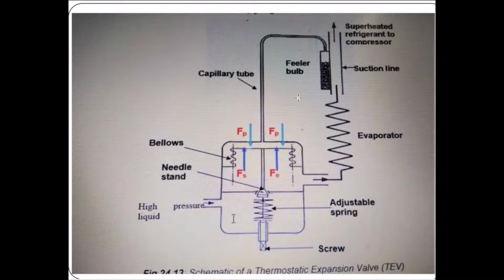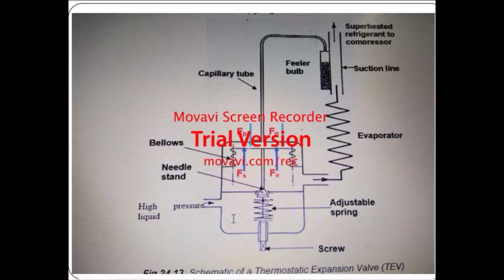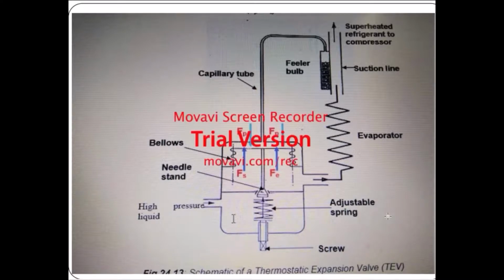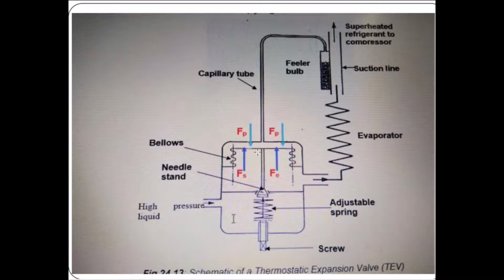So the pressure increase will stop the valve. Yes, correct. This one is the needle stand. So the push on the diaphragm will close the supply of refrigerant. This screw will control the tightening or the pressure. We can control the pressure, how much we need. Correct.